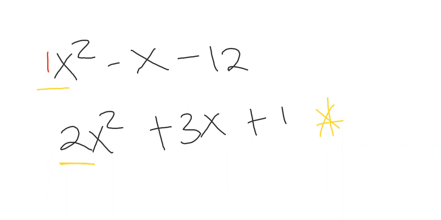Very important: whenever you see a quadratic expression and you are asked to factorize it, firstly look at the coefficient of your first term and see if it is 1 or greater than 1. For making your life easier, in this video I'm only going to look at factorizing a quadratic expression that has a coefficient of 1 in the first term. The other type we will address in the next video.